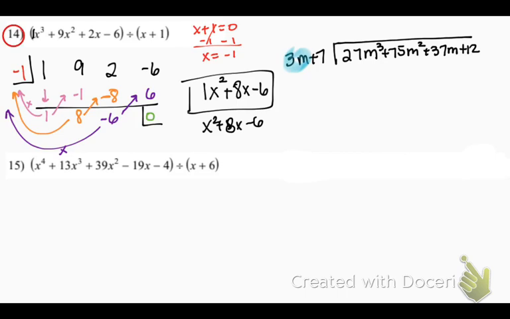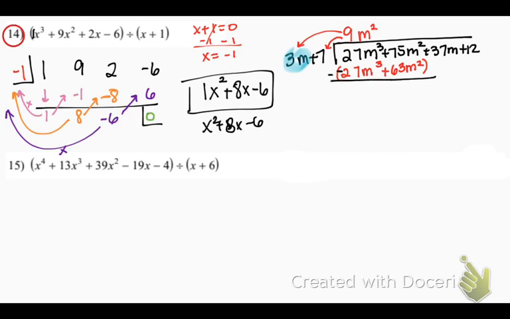Okay, so 3m times, 3 times 9 is 27, and m times m squared is m cubed. So that means I have 3m times 9m squared is 27m cubed, and 7 times 9m squared is going to give me 63m squared. Okay, so I like to put that in parentheses and then subtract the whole thing.